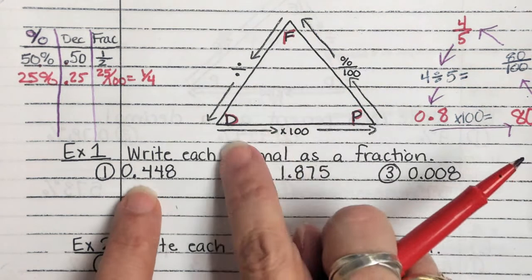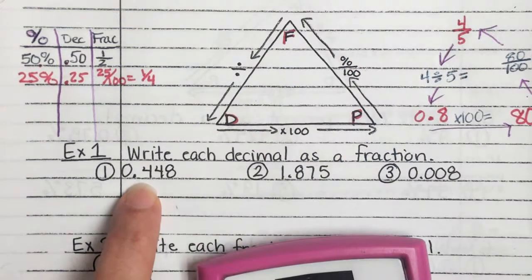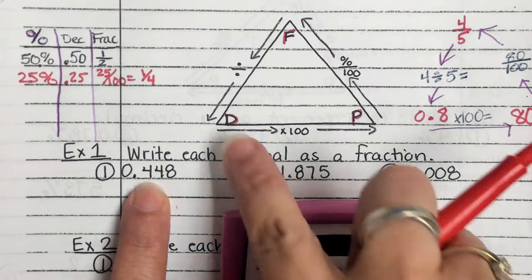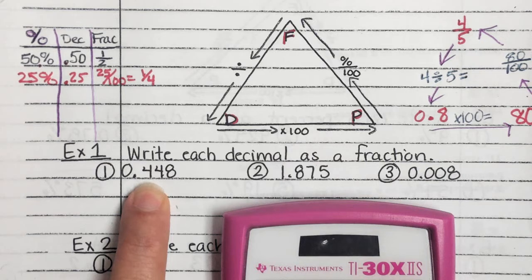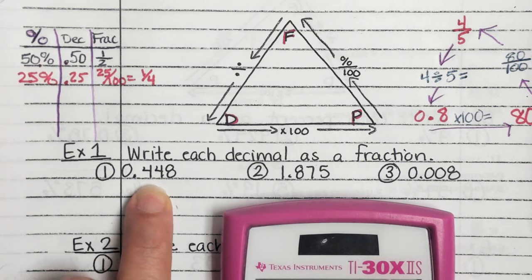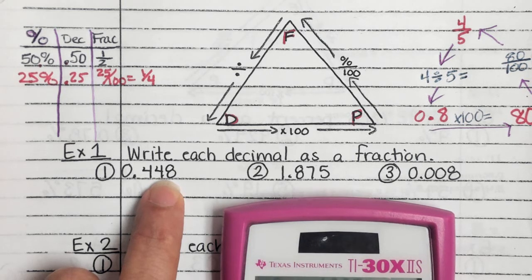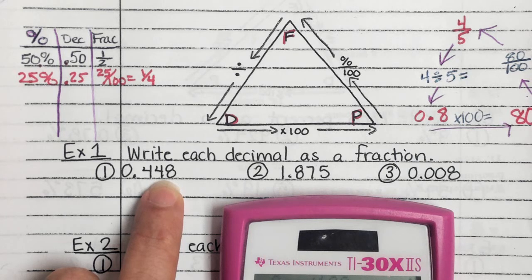And it works. I mean, if I take 0.448, because that's the number, and I do what it says, times 100, 44.8, and then I put it over 100. 44.8 over 100.